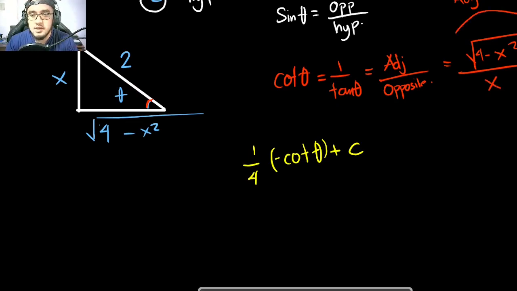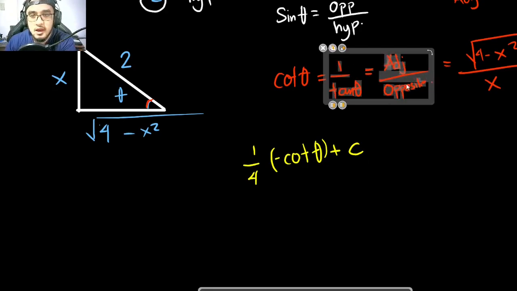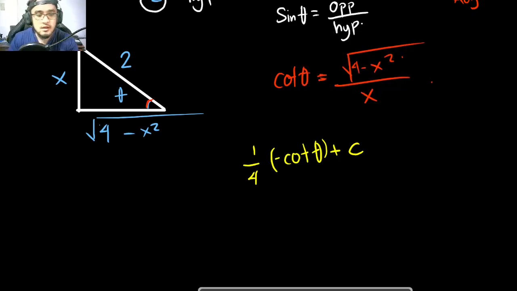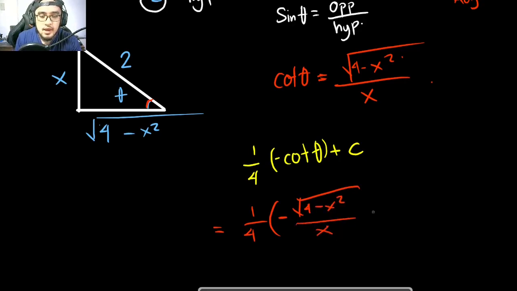So substituting this value right here, since this is your cotangent theta, and substituting known values, this is now equal to 1/4 times negative square root of 4 minus x squared divided by x, plus c.